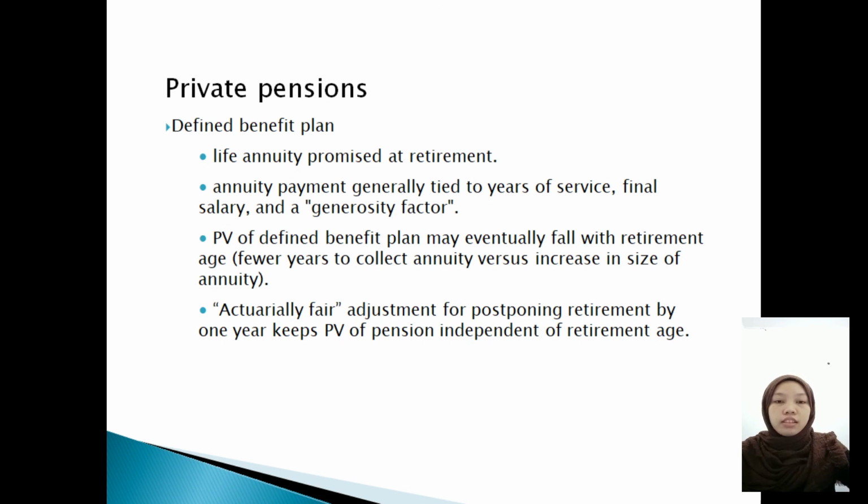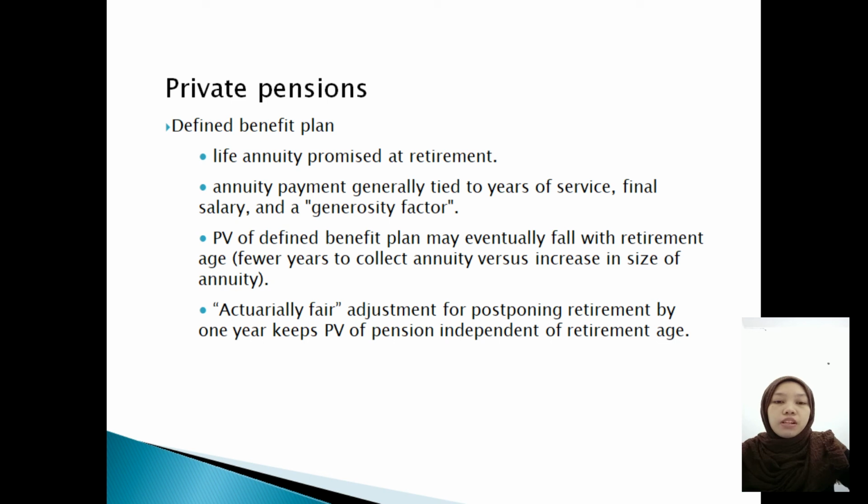Second is the defined benefit plan. A defined benefit plan is a life annuity promised at retirement. The annuity payment is generally tied to years of service, final salary, and a generosity factor.